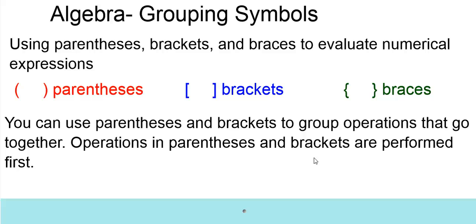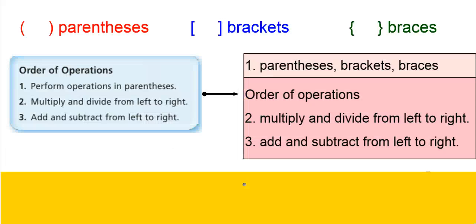So now let's add to what we've done in a previous lesson. We are working with the order of operations still within this lesson, but we're just doing them a little differently. When we are working with parentheses, brackets, and braces, we need to now look at that as our first step.